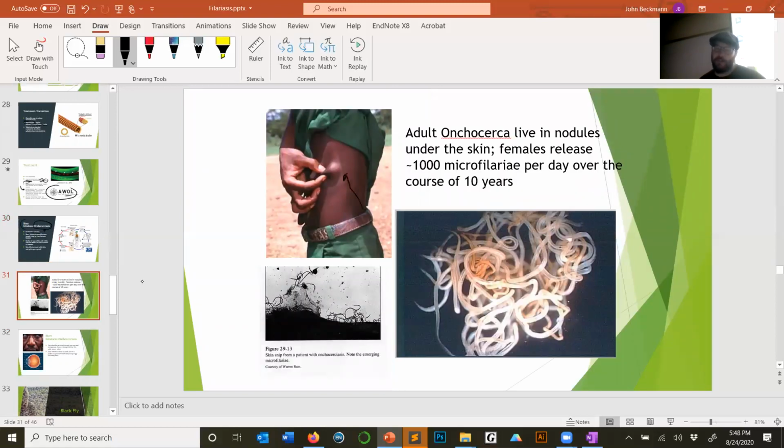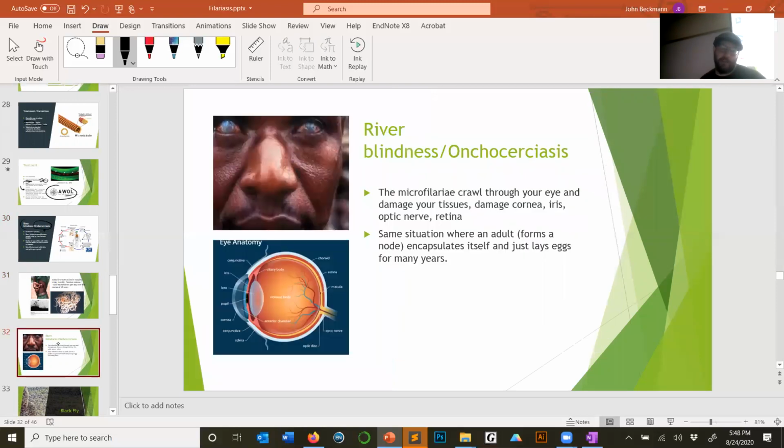The adults form nodules underneath the skin, and these adults lay many eggs, and the microfilaria crawl through your eyeballs and make you blind. It's the physical act of the microfilaria crawling through your eyeballs that destroys your eyes.